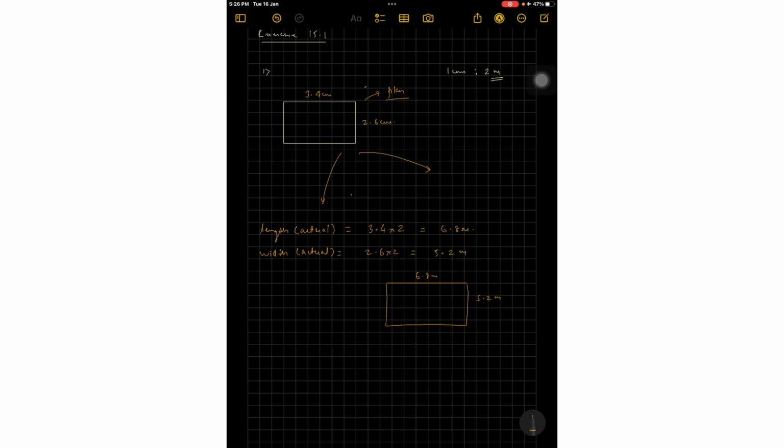Let's try one more from exercise 15.2. You can flip your page to that.